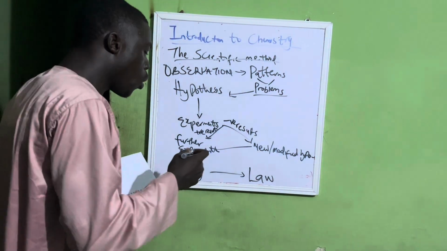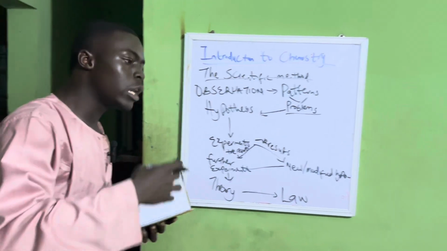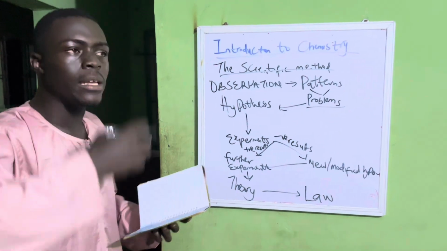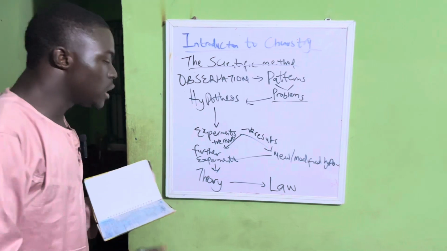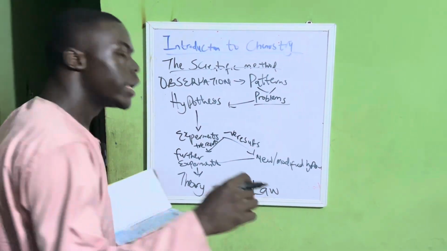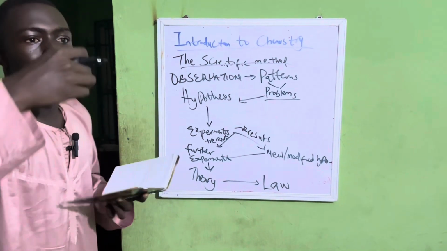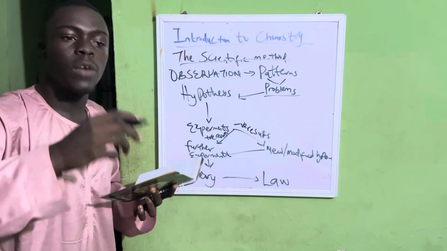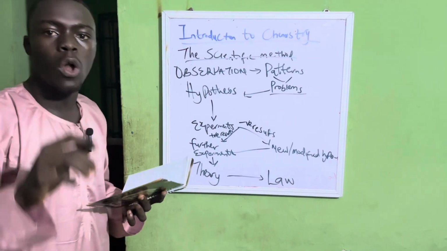If you've tested your theory a lot of times, over and over again, and you've seen positive results all through, even generations after you have tested it and they see that it's very correct, then that becomes a law.